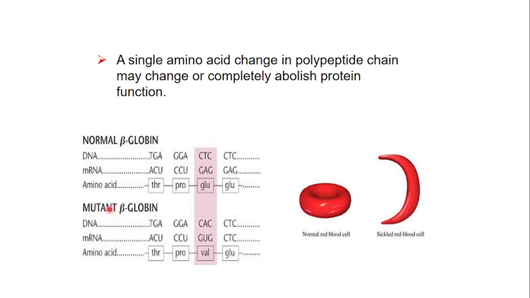But in the mutant, when this glutamic acid changes to valine, the normal red blood cell becomes a sickle red blood cell. This condition we have heard about as sickle cell anemia. So this is a condition where a minute mutation in one amino acid is actually disrupting your body function.